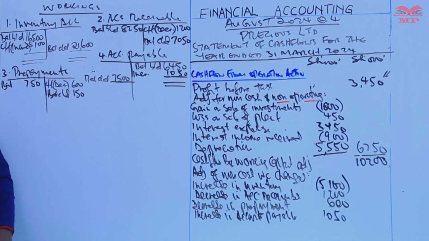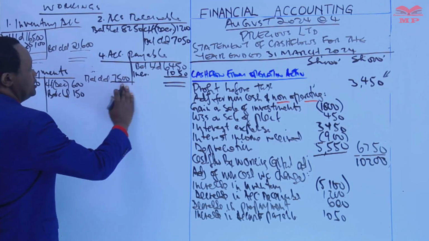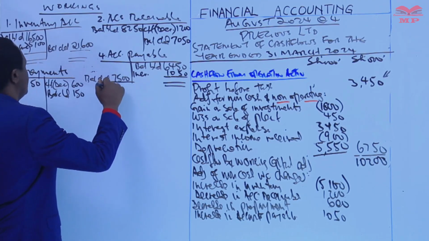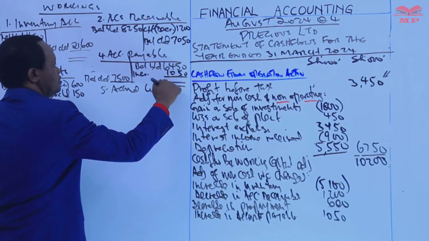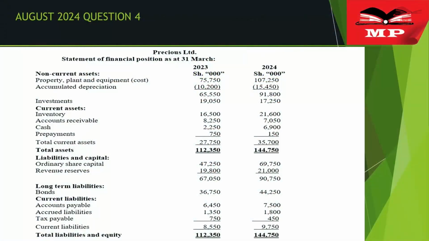We have accrued liabilities. Accrued liabilities. Working 5. Accrued liabilities account. What is the balance at the beginning? Accrued liabilities at the beginning $13.50.